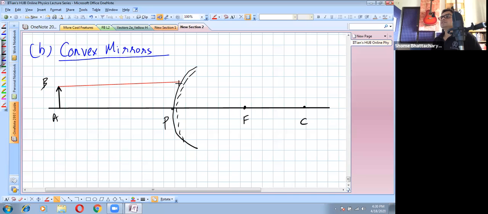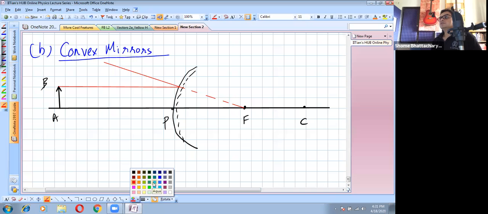It will always give you a situation where a ray diagram is something generic like this. Parallel to the principal axis, passes through the focal point, or diverges such that it passes through the focal point. And let us consider another ray, which is, let's say, through the pole.